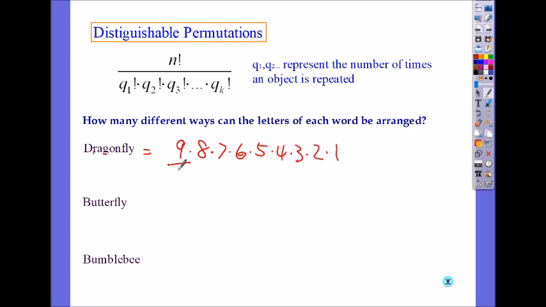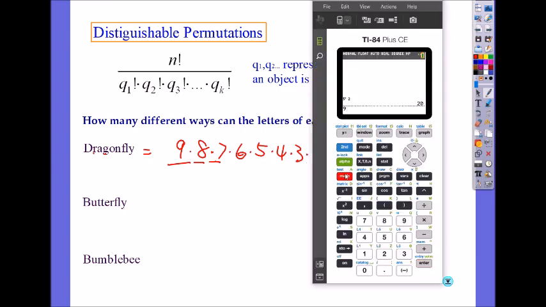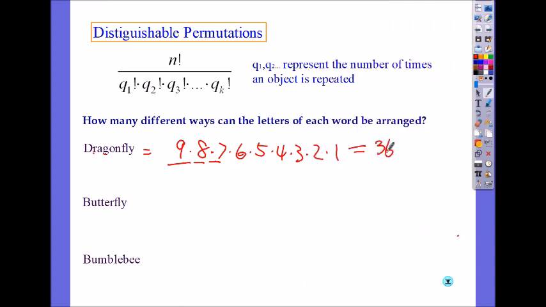For the first letter, you have 9 to choose from. Once you use 1, now you have 8 to choose from, 7 to choose from, and so on. So what do you get? That is 9 factorial, which is 362,880 words.